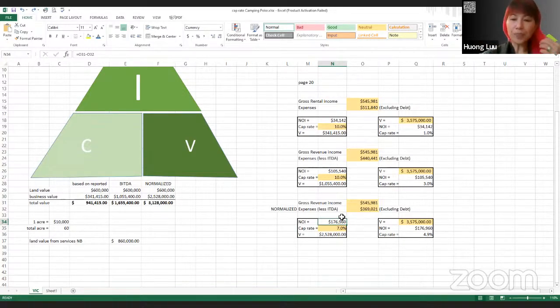So now this is where I would put a word of caution here, because if the current owners are working in there and they're paying themselves 70,000, either I would have to go in there and work and pay myself that 70,000, or I would have to take that 70,000 and hire somebody to work there.